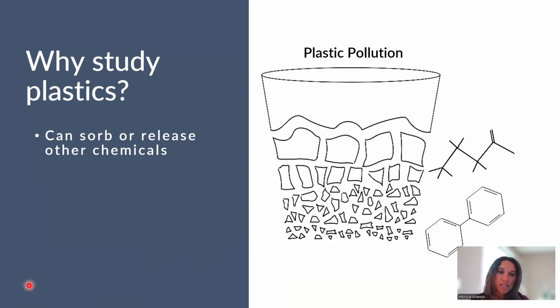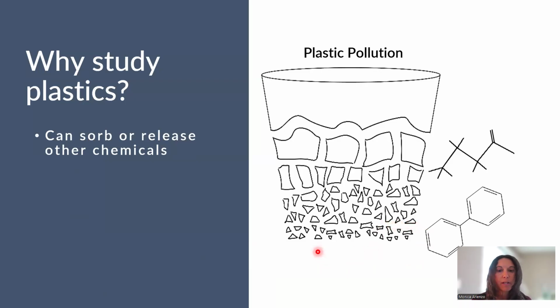We are also interested in studying plastics because these plastic items can absorb or release other chemicals. So, for example, one of the research questions we asked with our collaborators was to look at if microplastics in the Truckee River can absorb or release mercury.